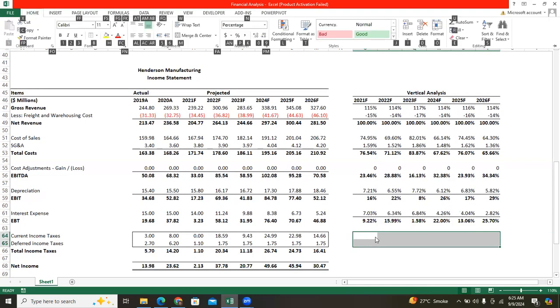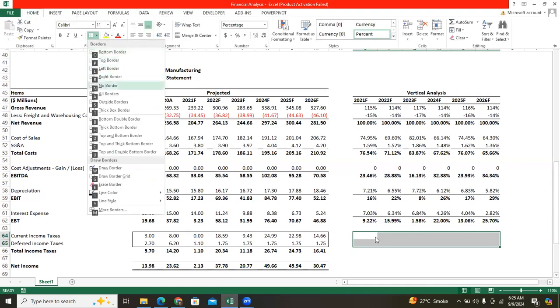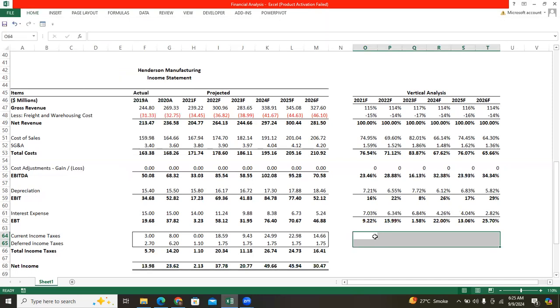Alt H B, and now I need to add outside borders. Total taxes proportion toward my net revenue. And here we arrive at my net income margin. These are some of the profitability ratios as well.